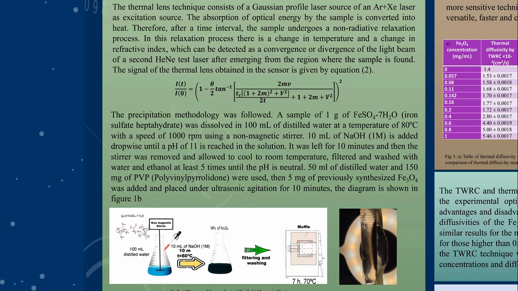Then 10 milliliters of sodium hydroxide was added dropwise until the pH was 10, and we left it for 10 minutes, and then the stirrer was removed and the mixture allowed to cool to room temperature. We filter and wash this with water and ethanol at least 5 times until the pH is neutral.